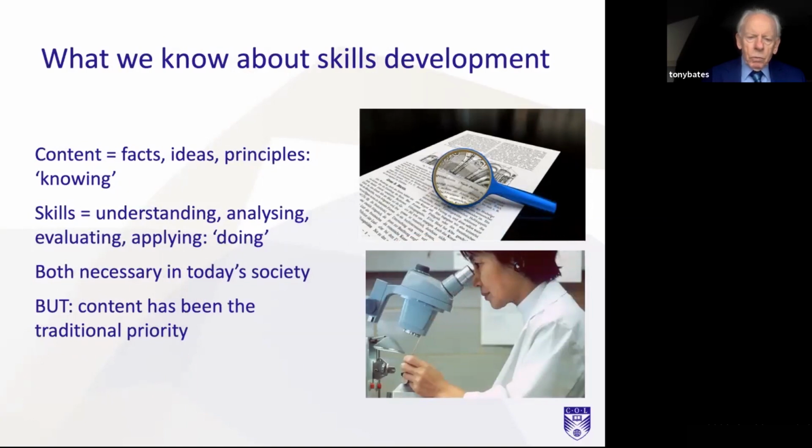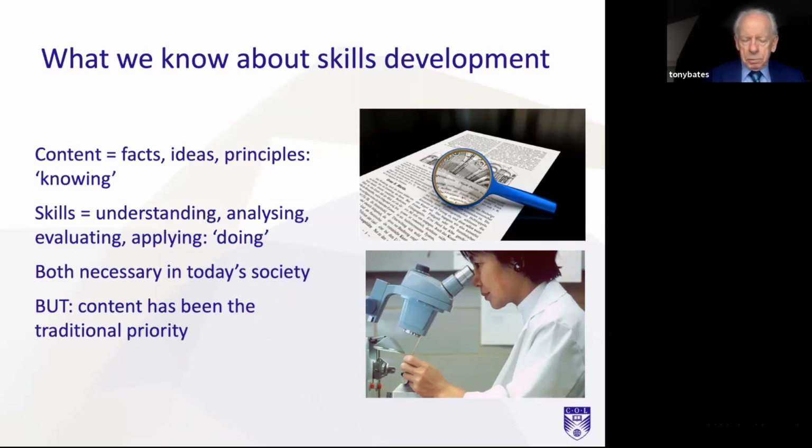Now, we do know a lot about skills development, but I'm going to make two main points here. I make a distinction between content, which I describe as facts, ideas, principles, and so on, that's knowing, and skills, which is understanding, analyzing, evaluating, applying, and doing.